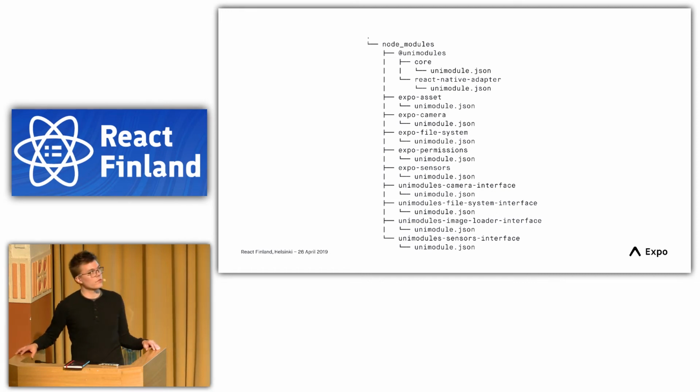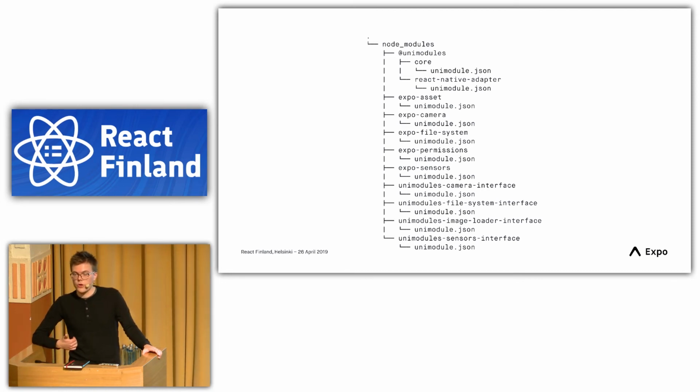And importantly, it doesn't only look for the direct dependencies that you have installed, but also deeper transitive dependencies. So you can have Unimodules that depend on other Unimodules, and also those dependencies will be automatically added.